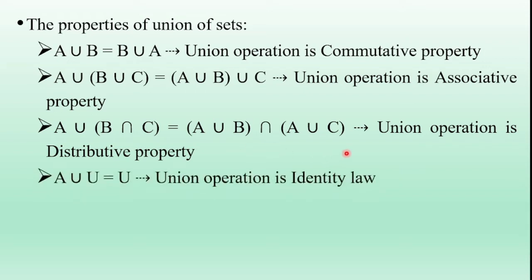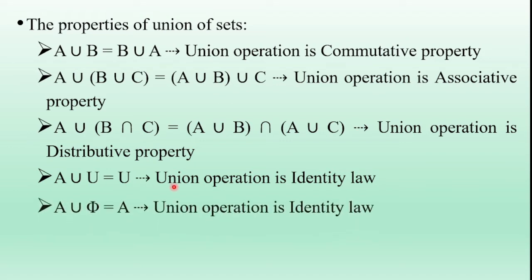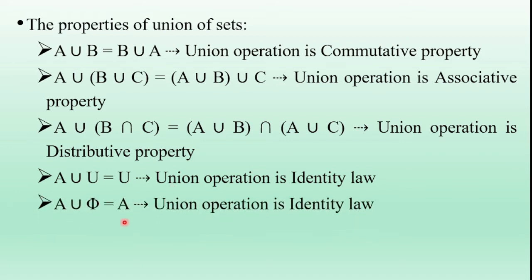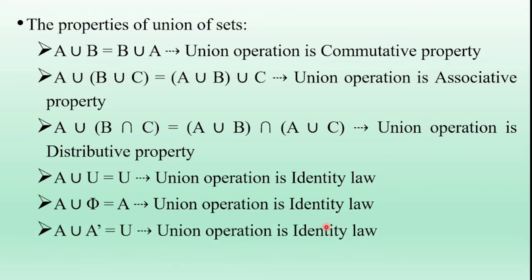Next property, union operation identity law. That is A union universal set is equal to universal set. Capital A is the set A, this is the union operation symbol, and this U is the universal set. A union null set is equal to A, and this is the union operation identity law.